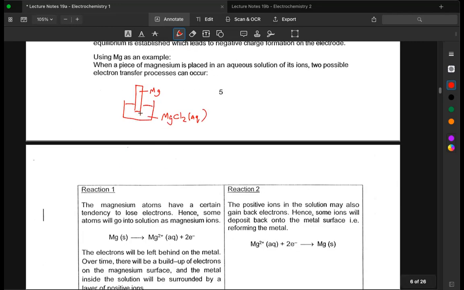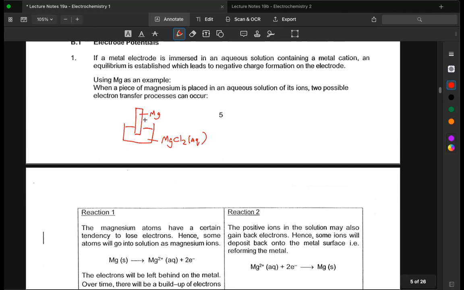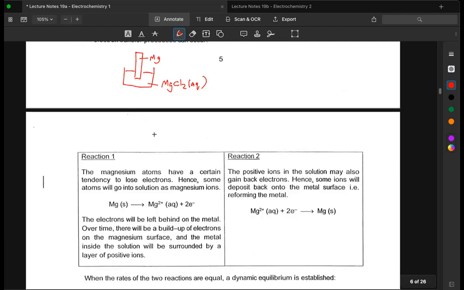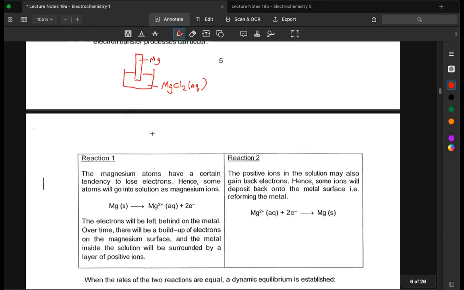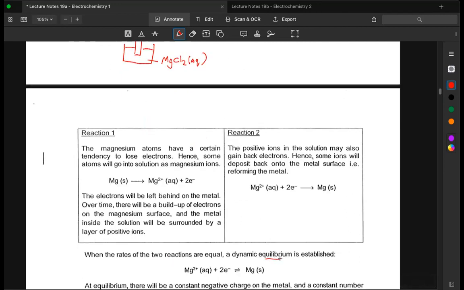If you immerse the magnesium rod into its aqueous solution of magnesium chloride, there are two possible processes taking place. It is actually an equilibrium process, so we need to understand that. What are the two reactions taking place?